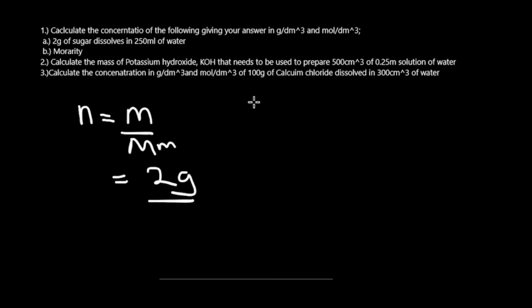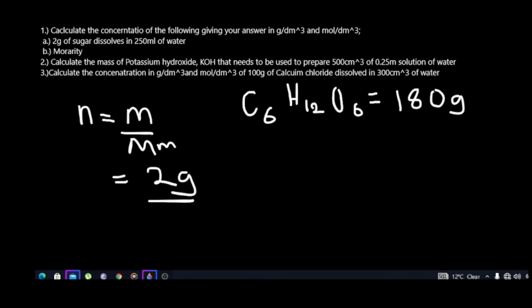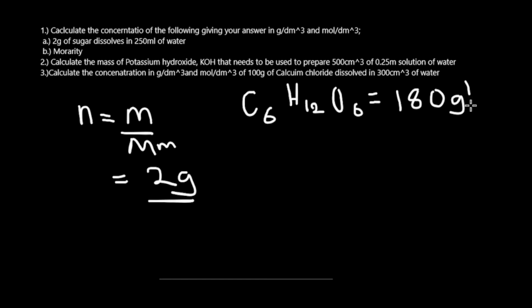One thing that you need to understand is that sugar is essentially glucose in this case. And we know that the formula for glucose is C6H12O6. Once we find the molar mass of such, we're simply going to get 180 grams per mole. So this is always per mole.